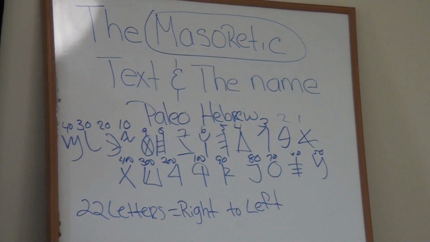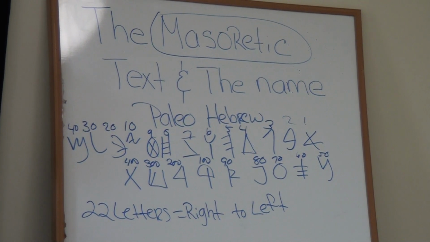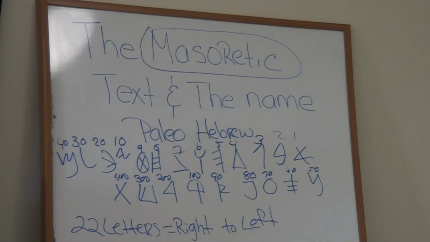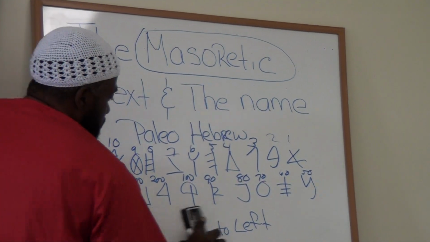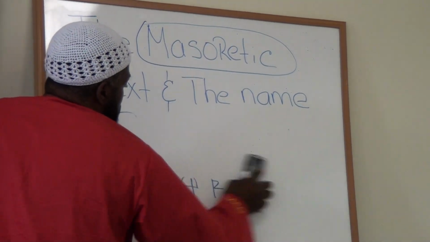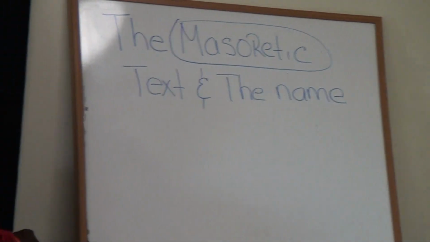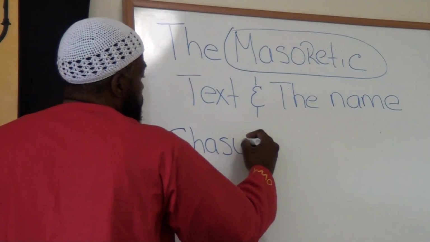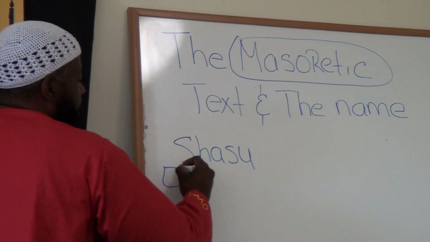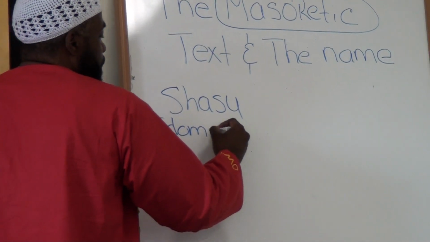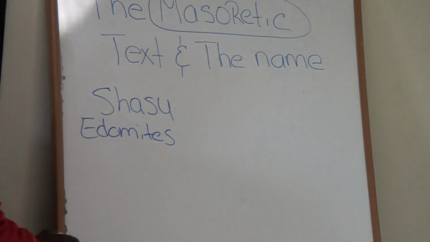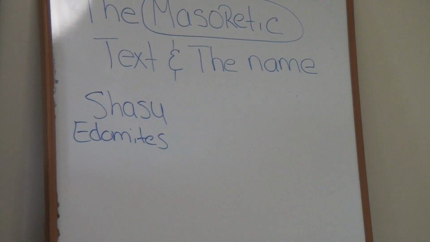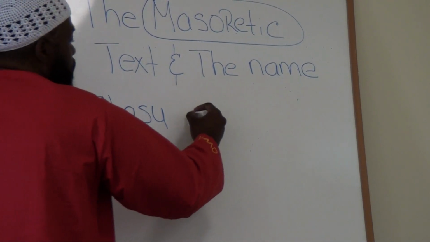But if you now go to some of the Arabic countries and the way that they pronounce things, there's a tribe of people, they're Edomites, but they're called Shasu. The Shasu people. They are Edomites, but they have a town amongst the Shasu or the Edomites that was called Yahuah.